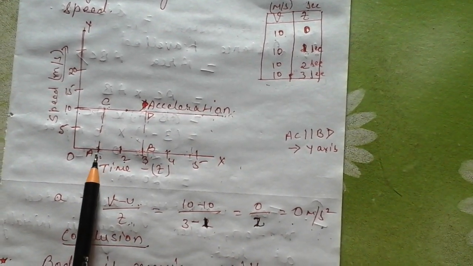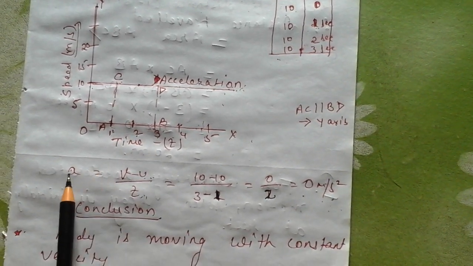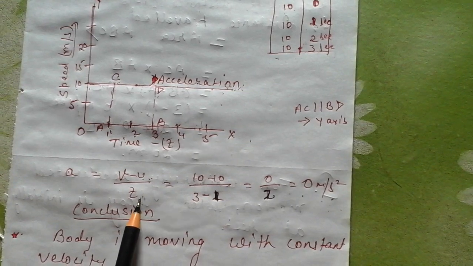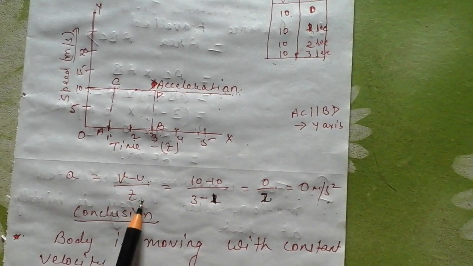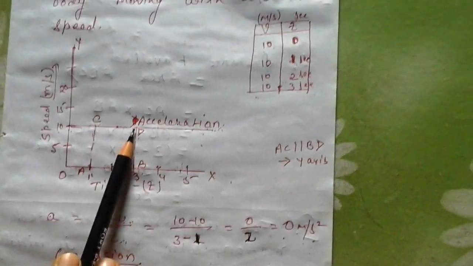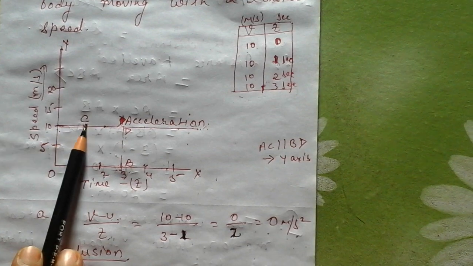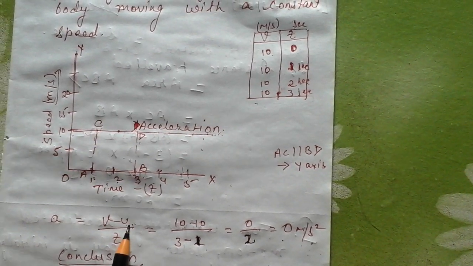Let us take the time interval from the first second to the third second. We know acceleration is change in velocity by time, that is v minus u by t. At the third second the speed is 10 meter per second. At the first second also the speed is 10 meter per second. So the speed is not changing.